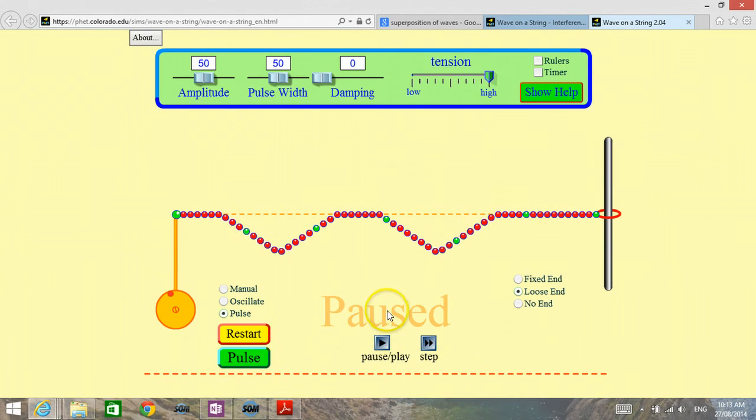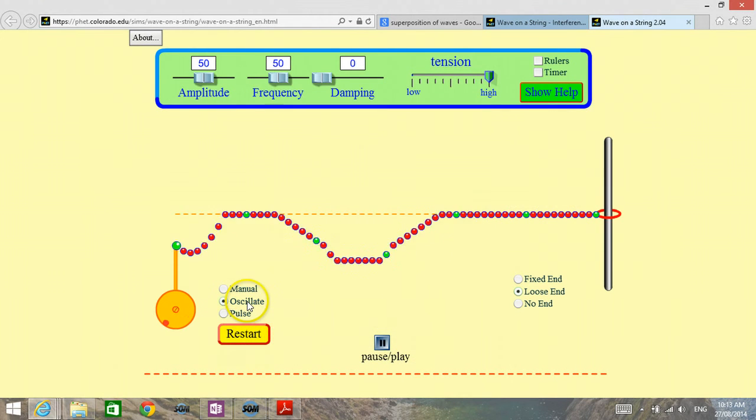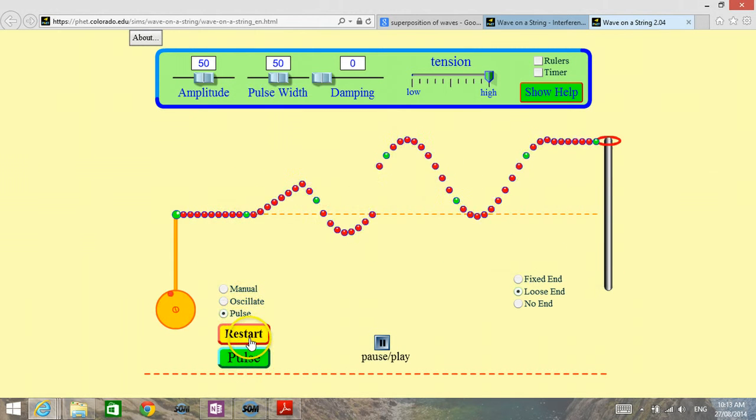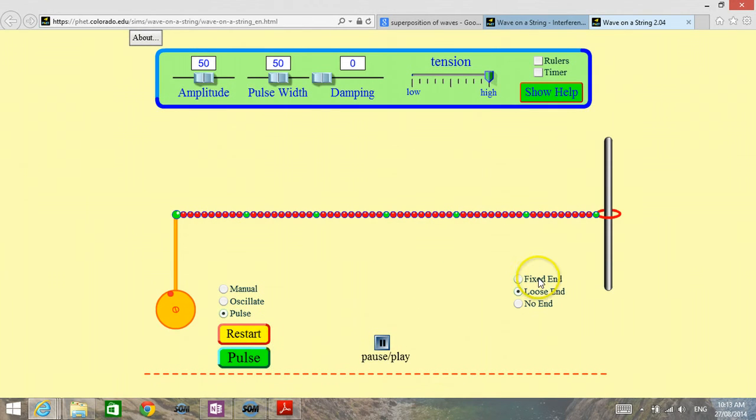In reality, I will show you what it means. The idea is if I have two speakers, one on one side, the other on the other side.